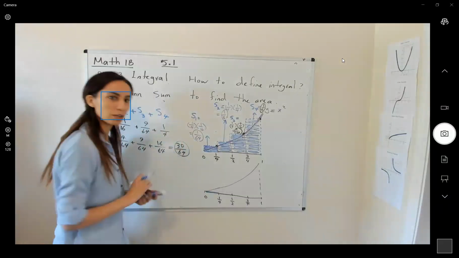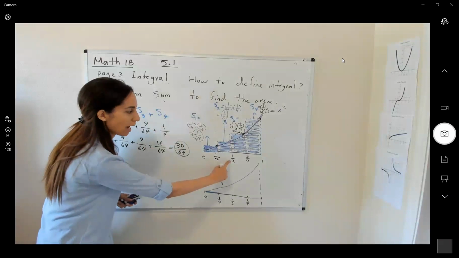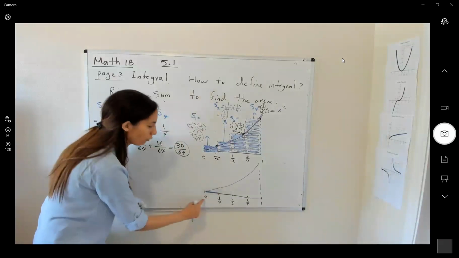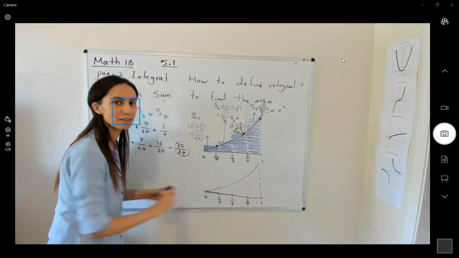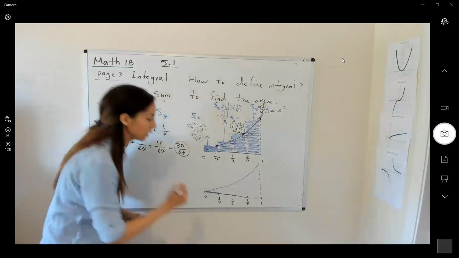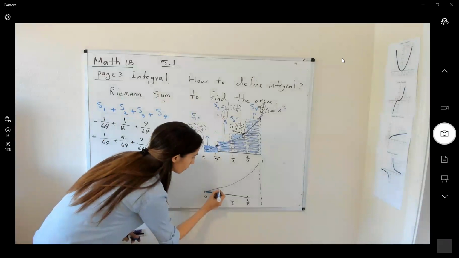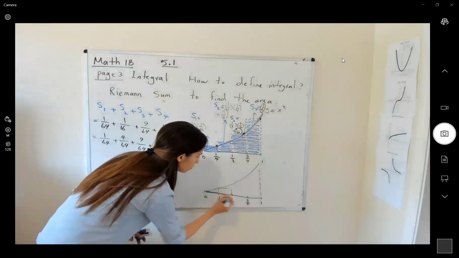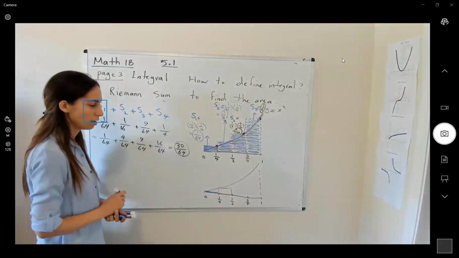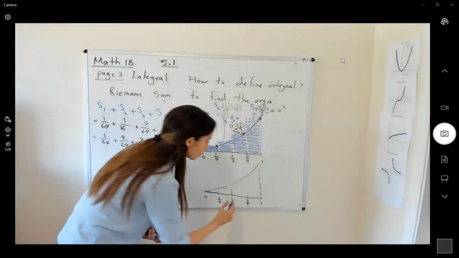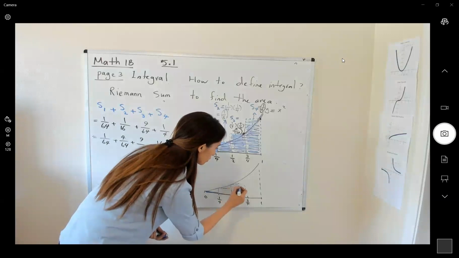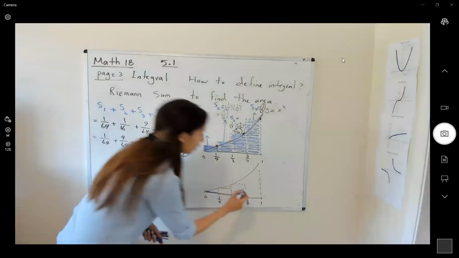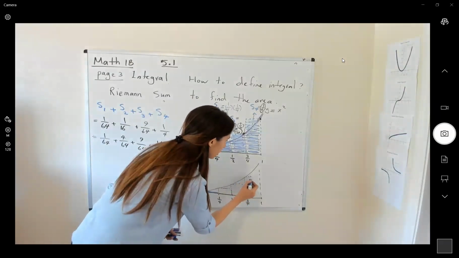For the second one, instead of taking a half, I'm going to take a 1/4. So I'm starting from the lower limits of each of these subintervals. Okay, this is another rectangle for you. Then here you have the third rectangle, and finally you get your fourth rectangle.